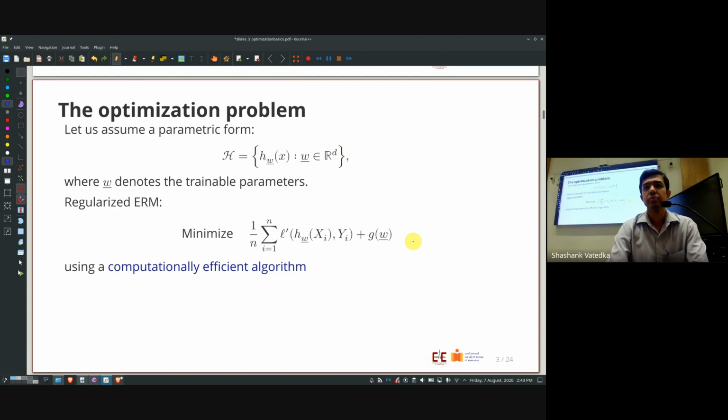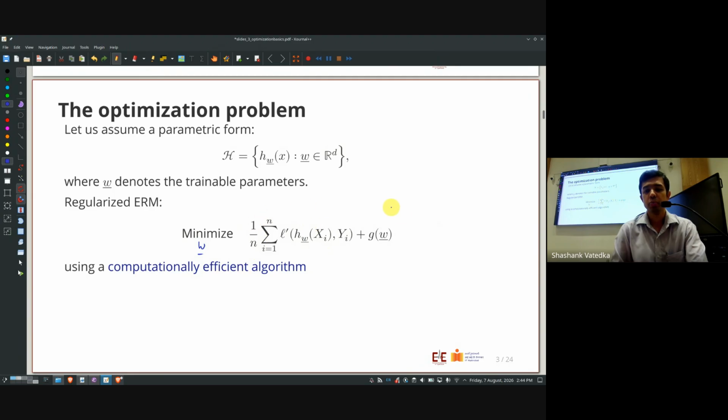So given this parametric form for the hypothesis class, we want to solve this regularized ERM problem, which is you minimize this empirical risk using a computationally efficient algorithm. So now you want to minimize 1 over n summation i equal to 1 to n of L' of h_W of x_i, y_i, plus G of W. One thing to always keep in mind, because it's easy to lose in the notation, is that we want to minimize this with respect to the vector W. Right.